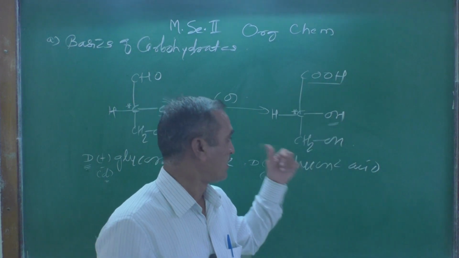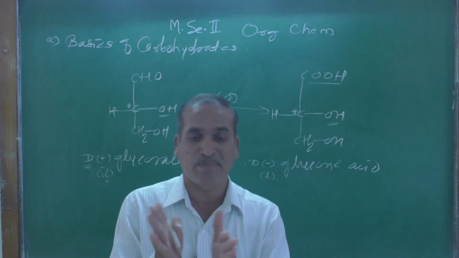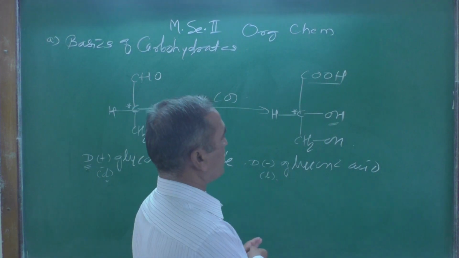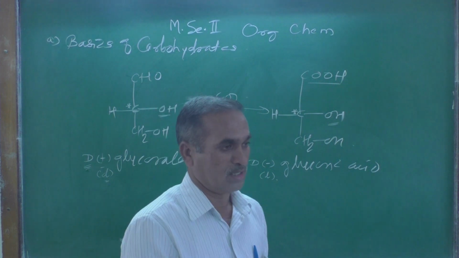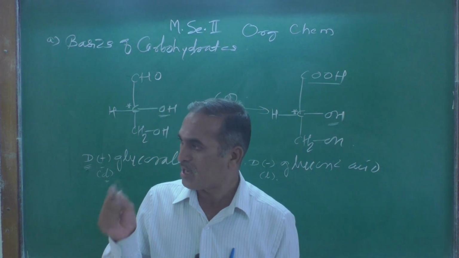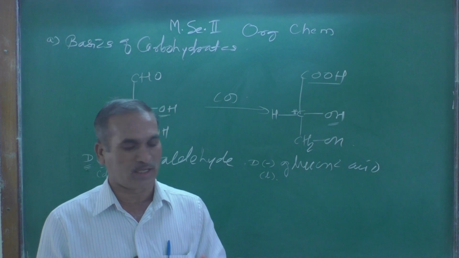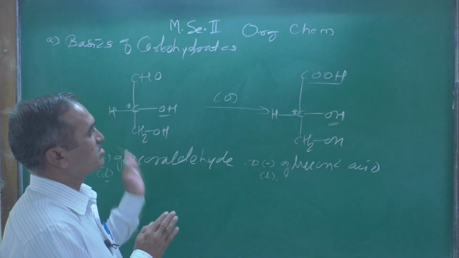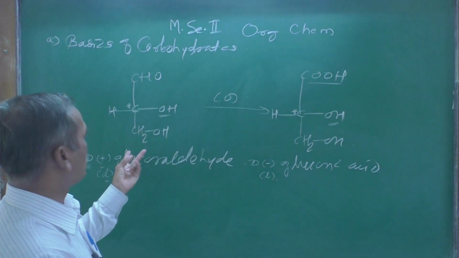This compound glyceric acid rotates the plane of polarization to the left hand side, and therefore it is known as levorotatory. These are the experimental quantities. Don't mix these two terms with each other.